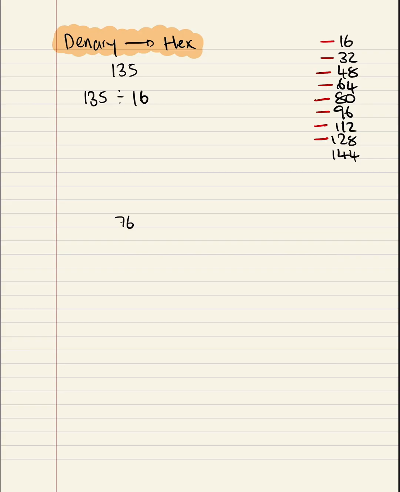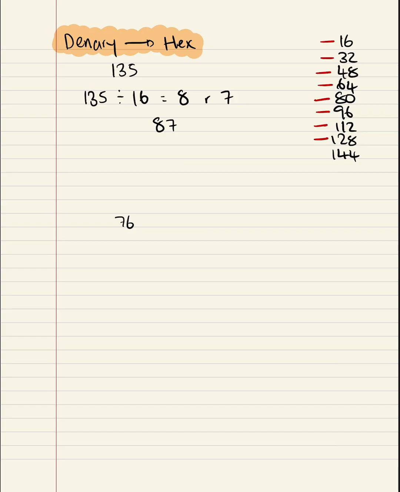So 8 16s go into 135. So I'll write that down. So that's 8. And then the remainder from 128 is 7.